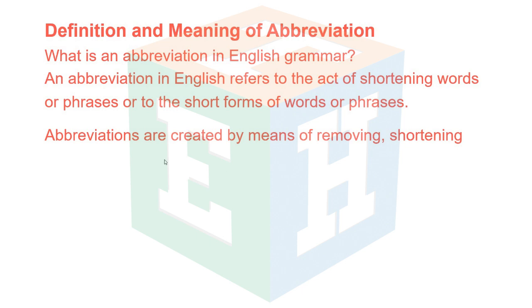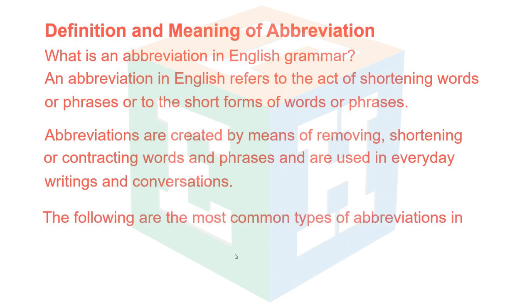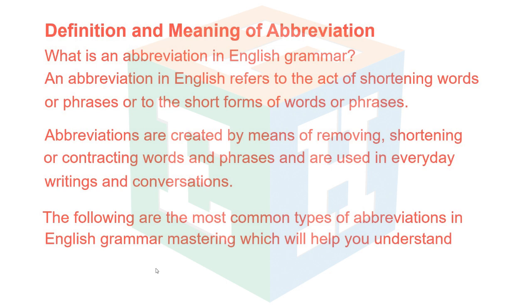Abbreviations are created by means of removing, shortening, or contracting words and phrases and are used in everyday writings and conversations. The following are the most common types of abbreviations in English grammar, mastering which will help you understand others' writings and speeches easily.